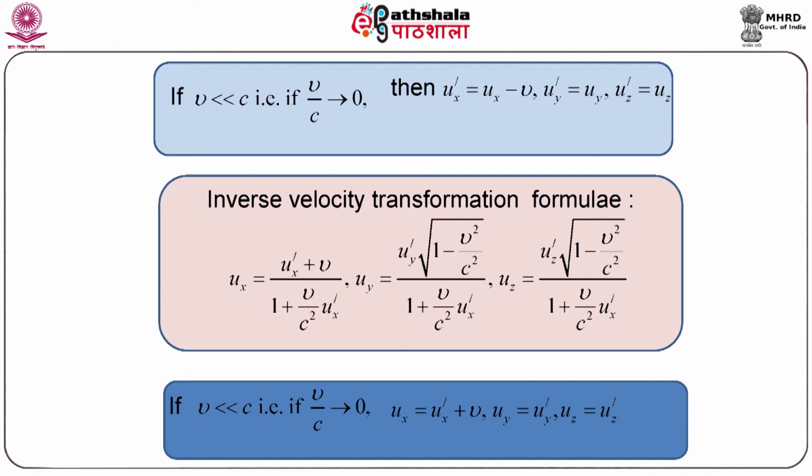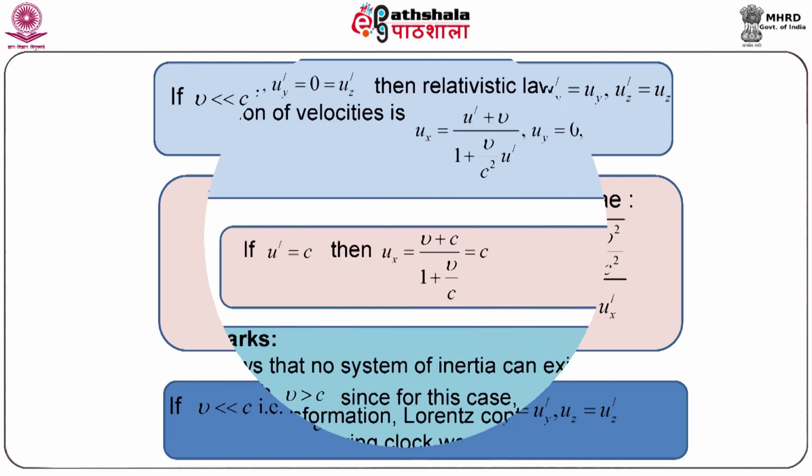Similarly, u_y is equal to u'_y, because v by c tends to 0, this gives 1 and this becomes also 1. In a similar fashion, we get u_z equal to u'_z. This gives the addition law of velocities. Here we have taken the sum of two velocities.